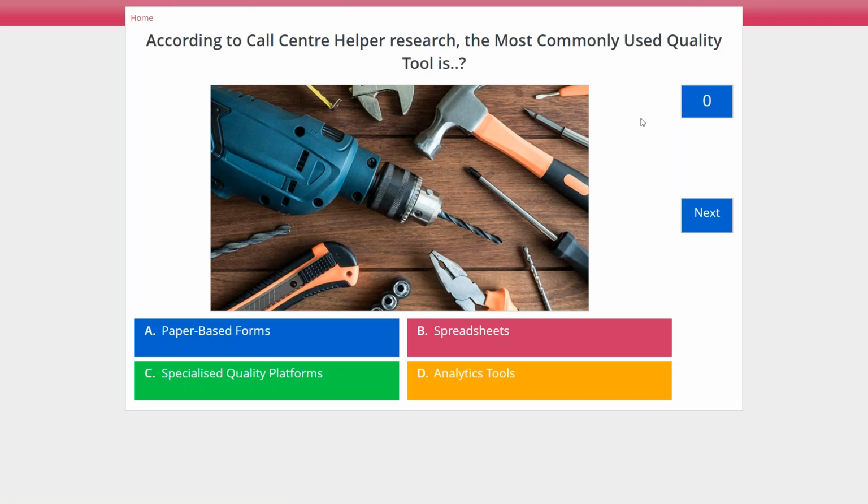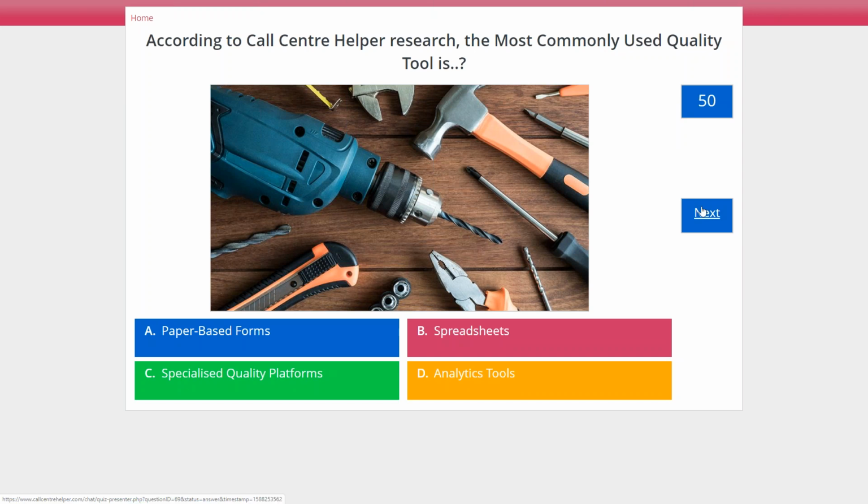So the first question is, according to Call Center Helper research, the most commonly used quality tool is A, paper-based forms, B, spreadsheets, C, specialized quality platforms, or D, analytics tools. So you just need to vote on the A, B, C, D buttons at the bottom.